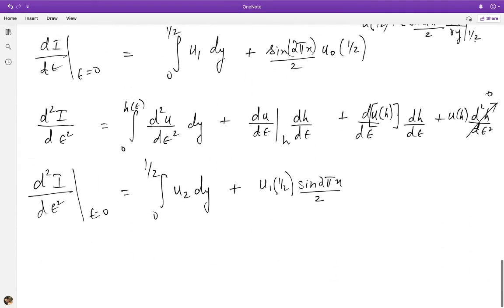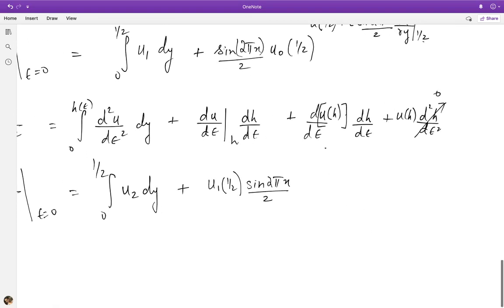So once again, conveniently, you see that all the terms get evaluated in the domain of the problem that we are solving, that is the domain from 0 to half, and the boundary values of the power series functions at the boundary half, the kind of fictional boundary half, which is what we want.